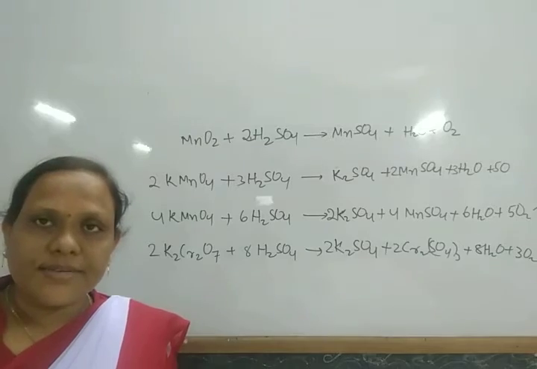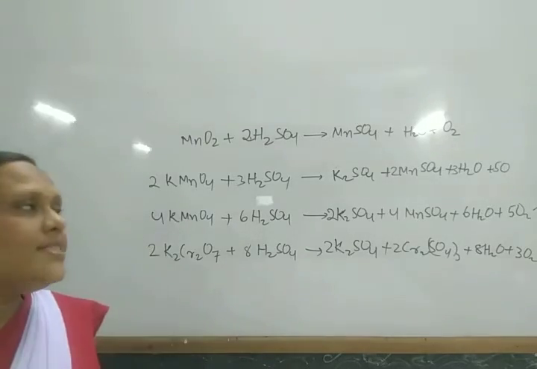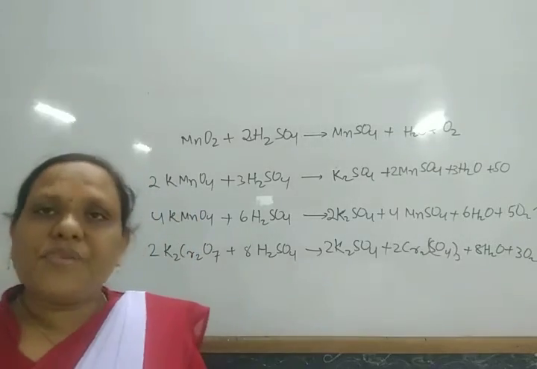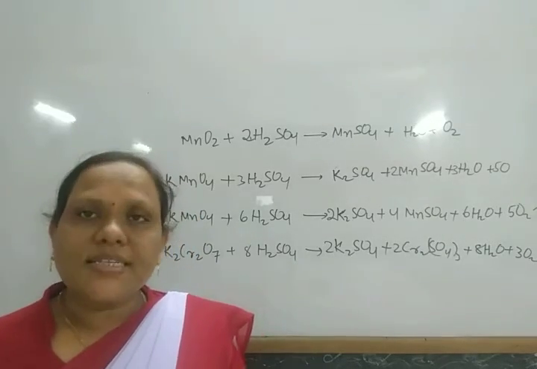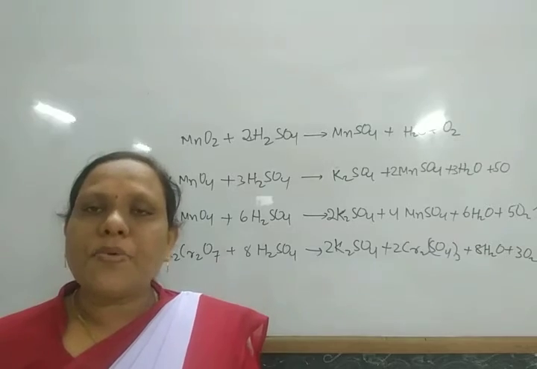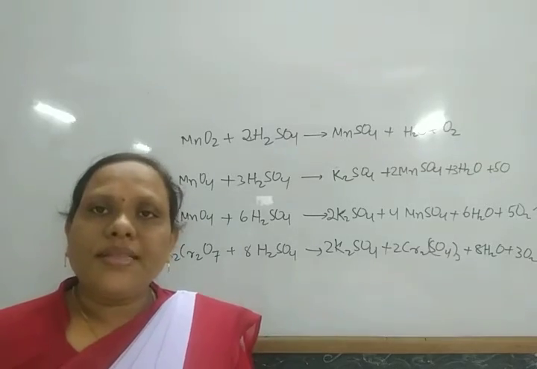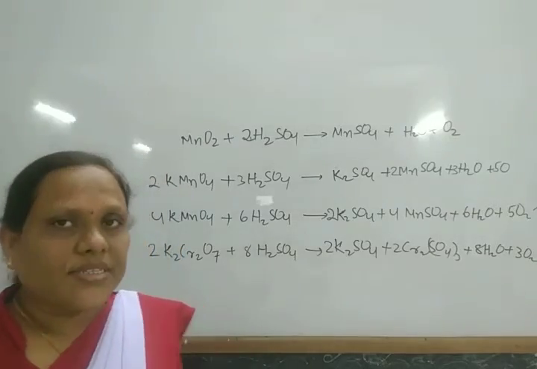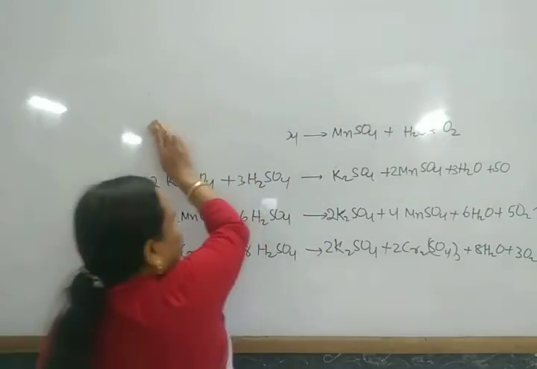In the laboratory, oxygen gas is generally prepared from potassium chlorate. When potassium chlorate is heated in the presence of manganese dioxide, it gives oxygen.